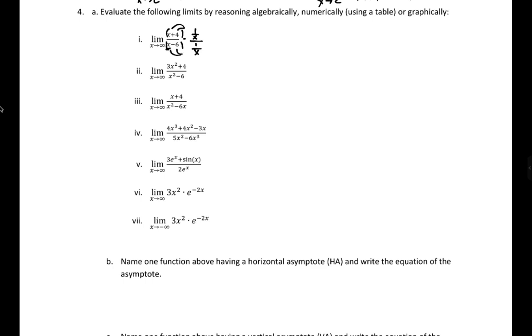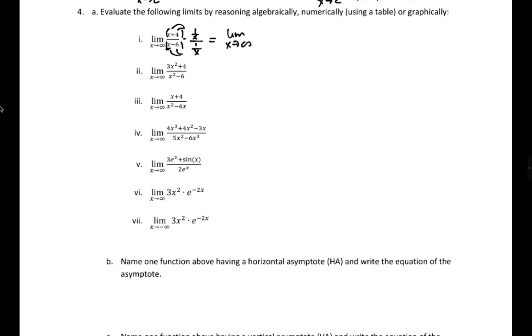Make sure that you distribute fully. I'm doing this because if I just plug in infinity on top and bottom, they both go to infinity, and infinity over infinity is an indeterminate form. So I need to simplify it.